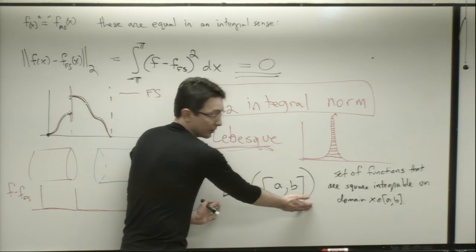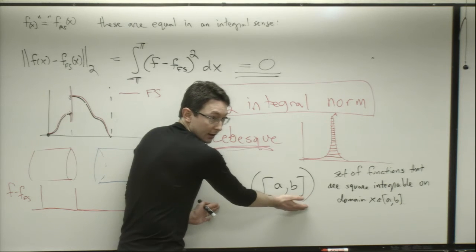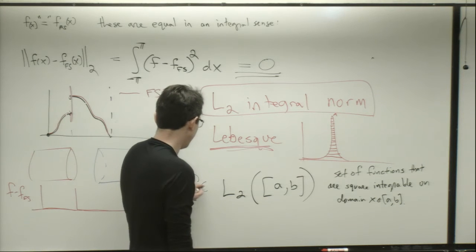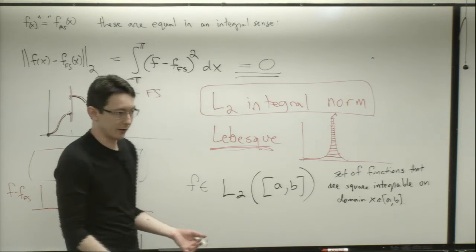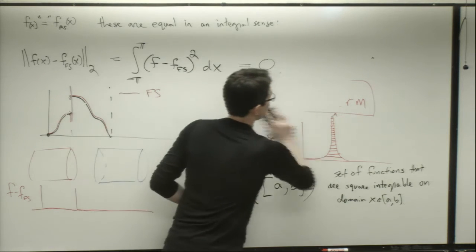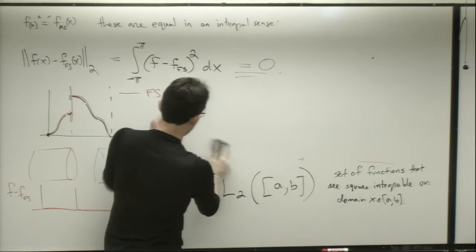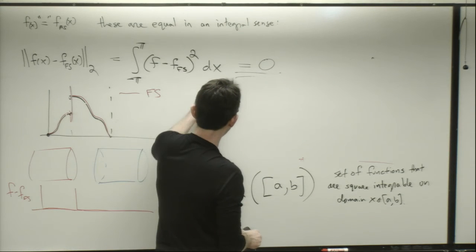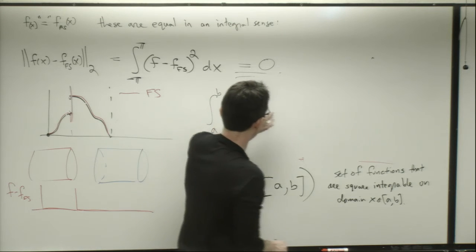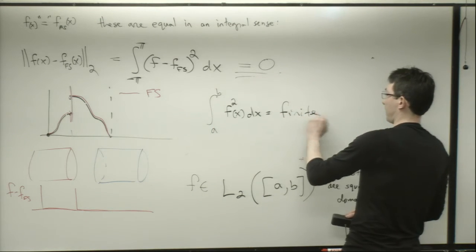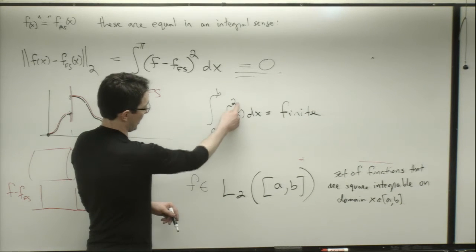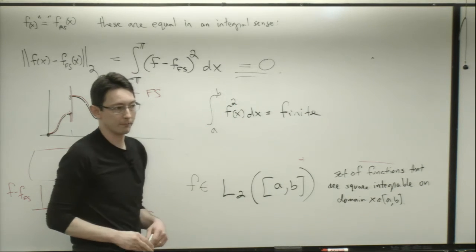Basically, almost every function that you can name is in this family. And if I had a function f in this space of functions, then it would satisfy the property that my integral from a to b of f of x squared is a finite number. If something is square integrable, it just means that its square integrated doesn't blow up to infinity.